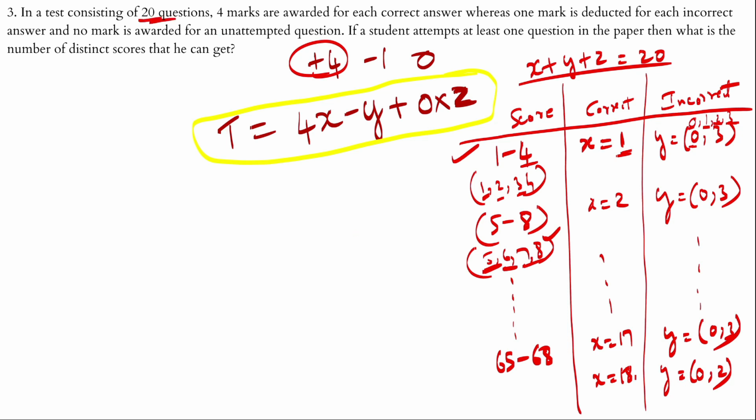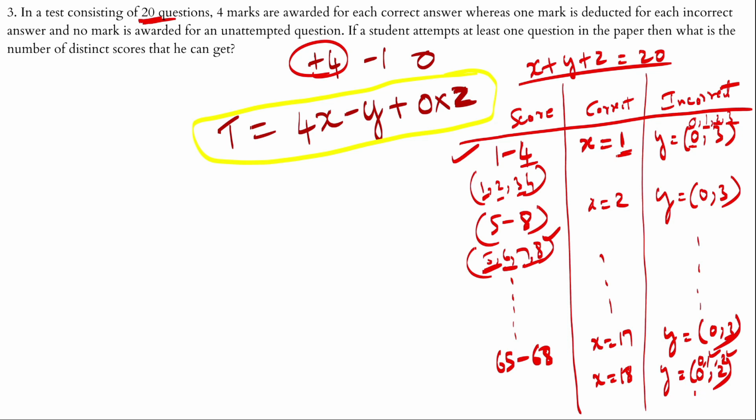If y shouldn't take 4, because 18 plus 3 will become 21 questions, right? So you can ignore 0 as a possibility now, because 18 plus 2 means 18 plus 1 plus this 2. We achieved 20 questions.